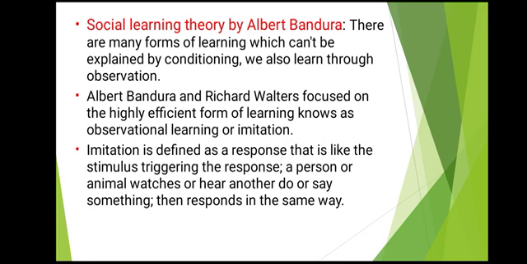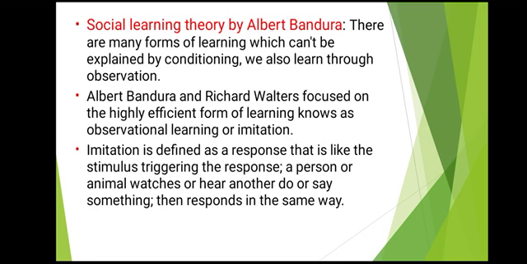The last learning theory is social learning theory. Social learning theory was given by Albert Bandura, who used a very simple approach. Social means society, and learning means learning by practice.